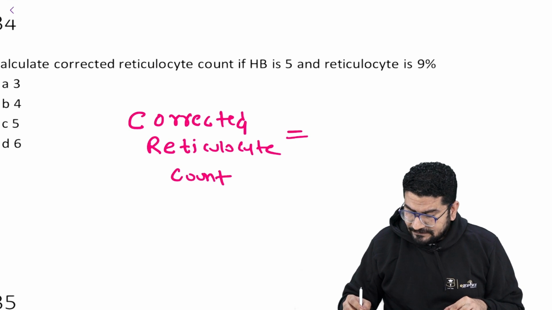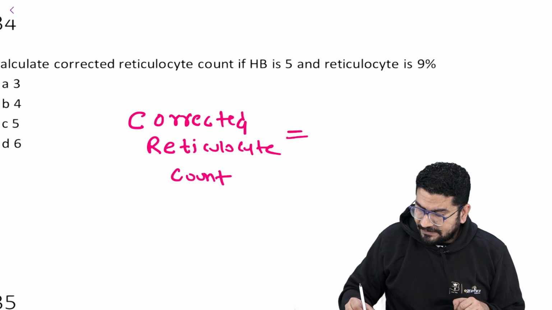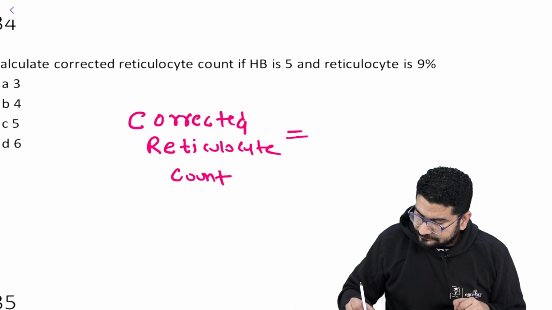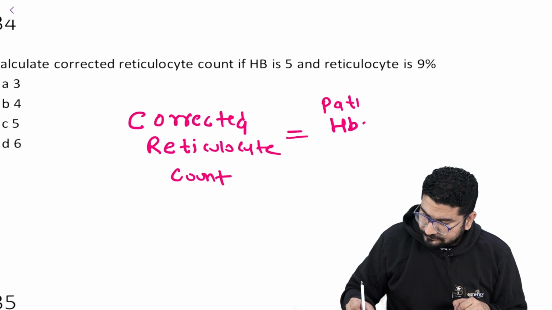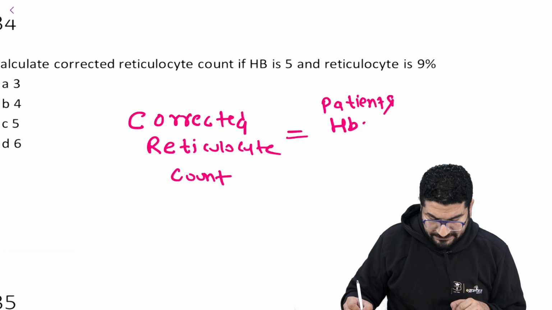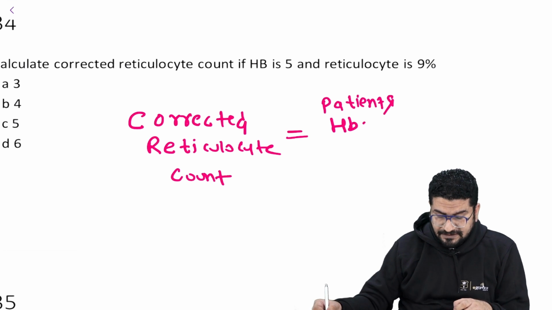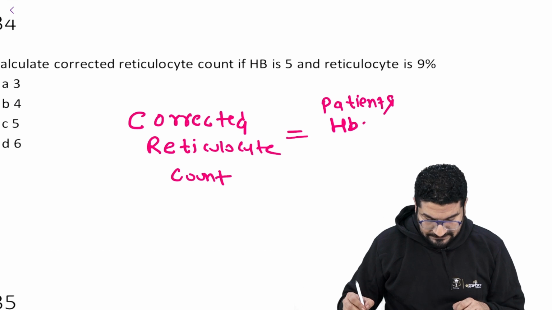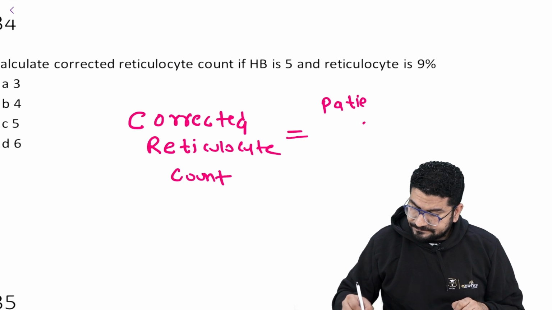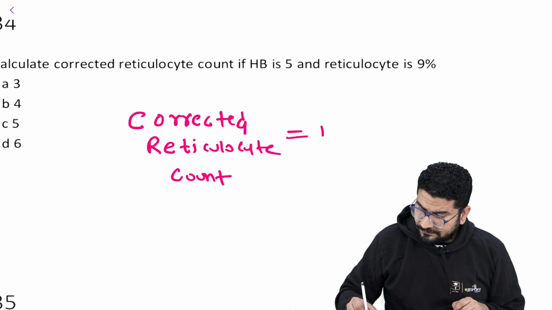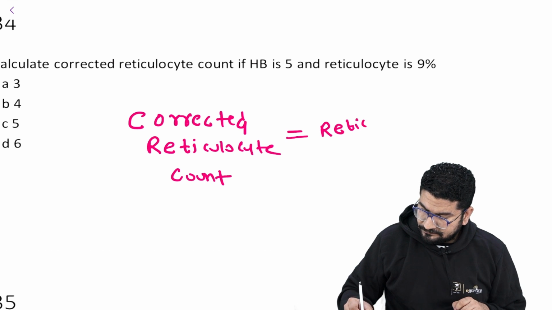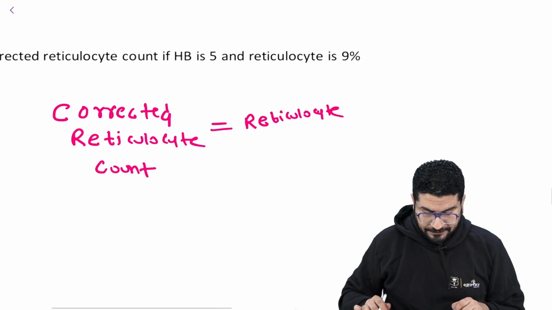So you can see, we calculate based on the given hemoglobin. The formula to calculate this will use the patient's hemoglobin. Whatever reticulocyte number is given, this value is given as a percentage.